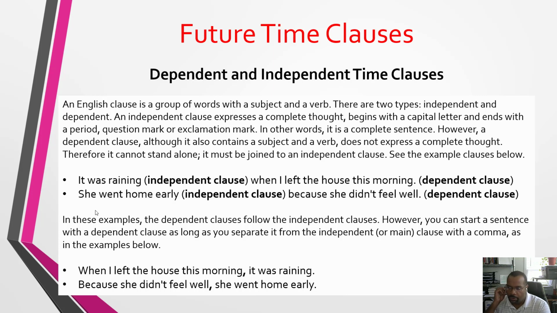Let's look at the second one here. She went home early because she didn't feel well. If I said she went home early, period, that would be an independent clause. If I said because she didn't feel well, you'd probably ask me what happened after that.